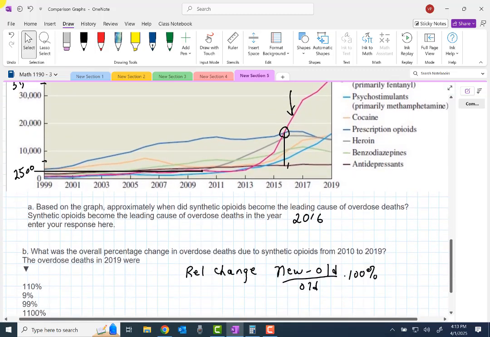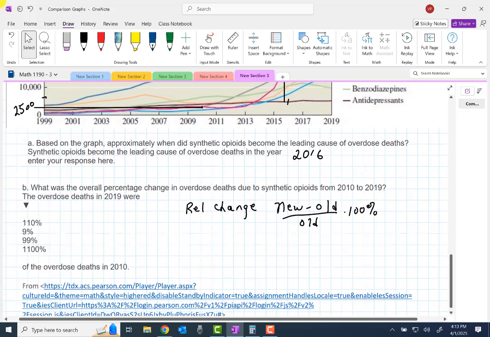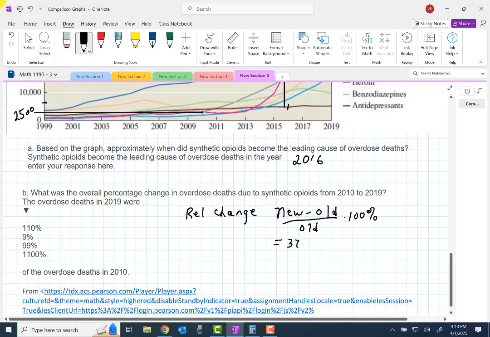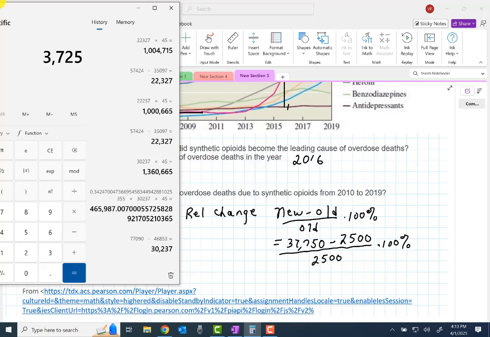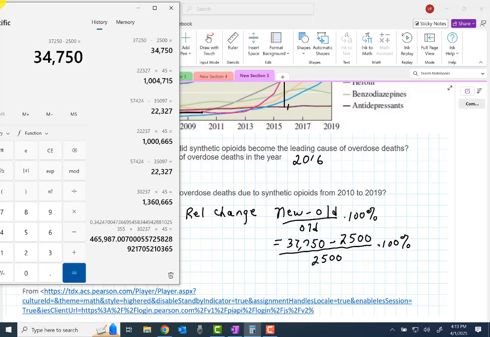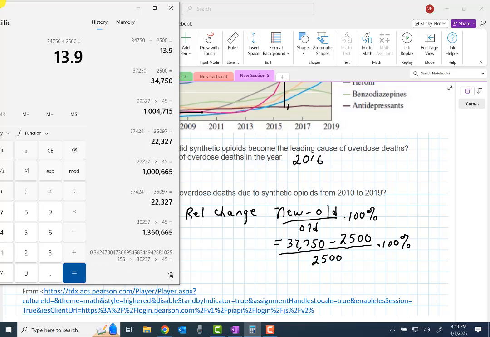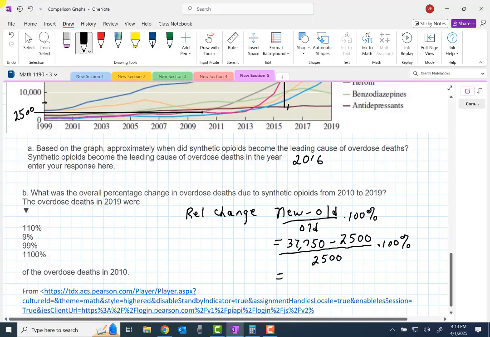The new number is, I'm going with, 37,750, minus 2,500, divided by 2,500. So I have 37,250 minus 2,500, enter. Divided by 2,500, enter. And then multiply by 100%. And I have a whopping 1,390%.